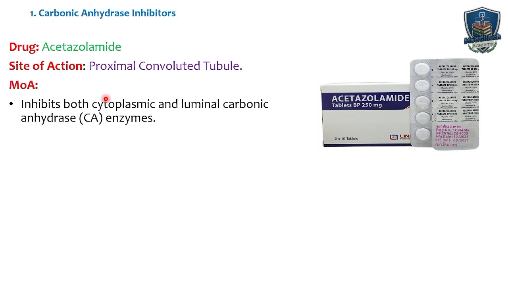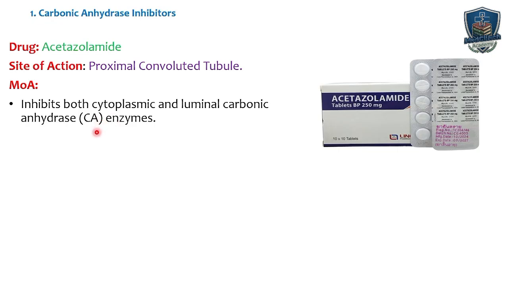As I said before, this drug targets carbonic anhydrase, both the carbonic anhydrase found in the cytoplasm, which is carbonic anhydrase enzyme number 2, found inside the proximal convoluted tubule epithelial cell, and the luminal carbonic anhydrase, found in the filtrate or in the lumen, which is carbonic anhydrase number 4.